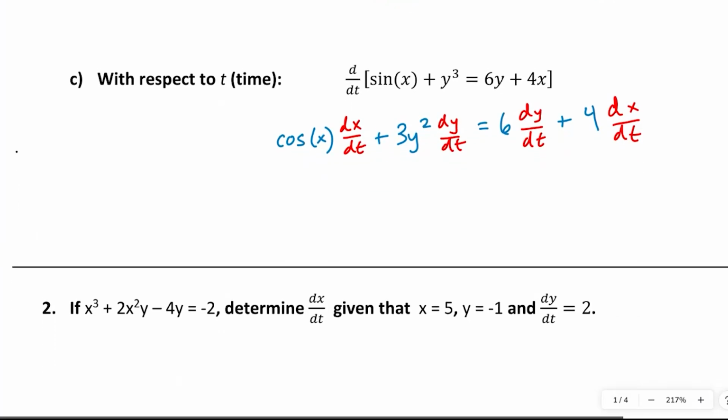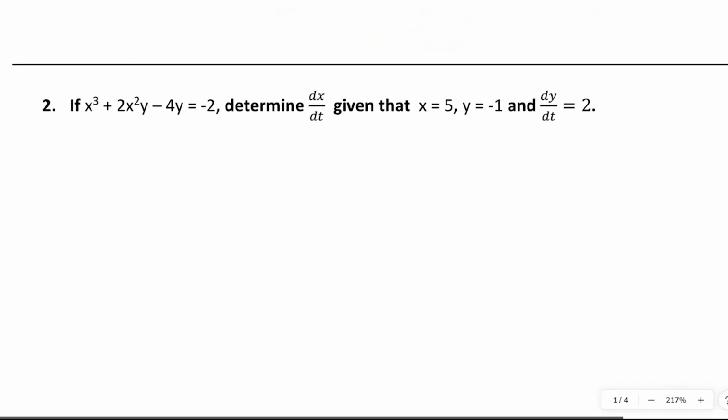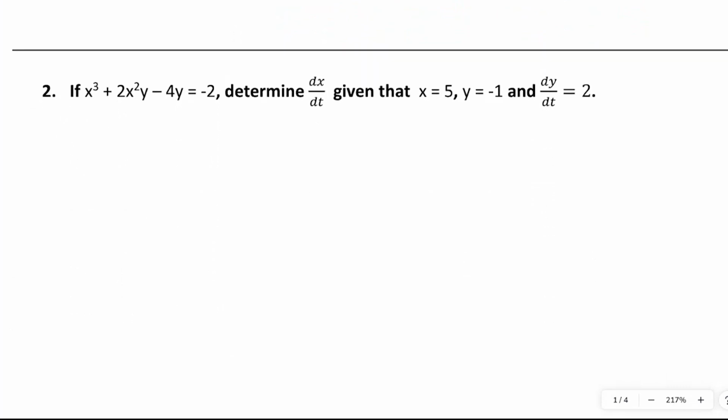Okay, so let's look at one problem where we'll have to differentiate with respect to t, and then we'll start talking about how this all comes into play with related rates problems. So here we want to determine dx dt. This is what we're trying to find, given these other pieces of information about x, y, and dy dt.